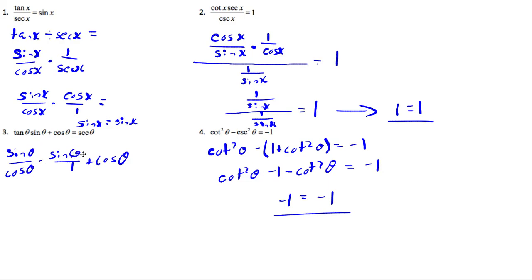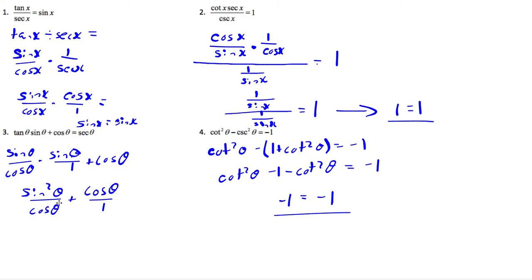All right. So here, nothing can cancel out. So this isn't a trick. So actually what I need to do is I need to multiply. So I get sine squared of theta over cosine of theta plus cosine of theta over 1.